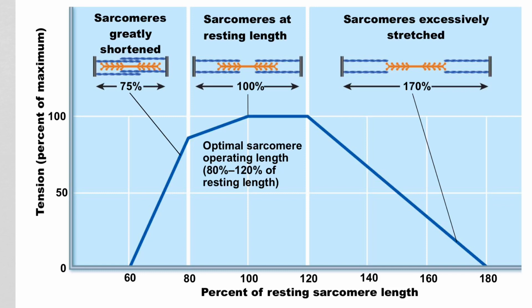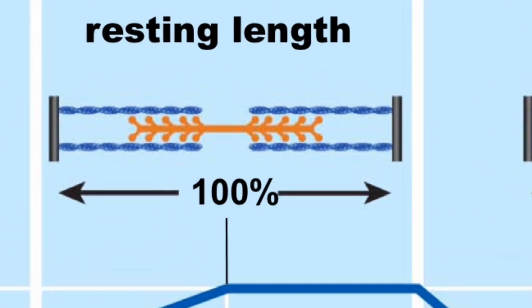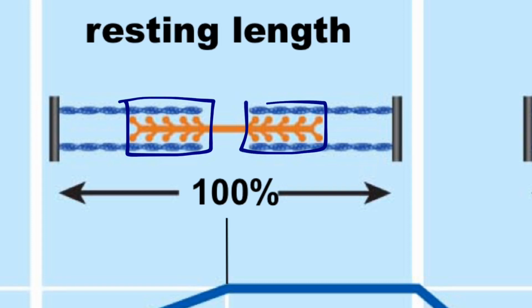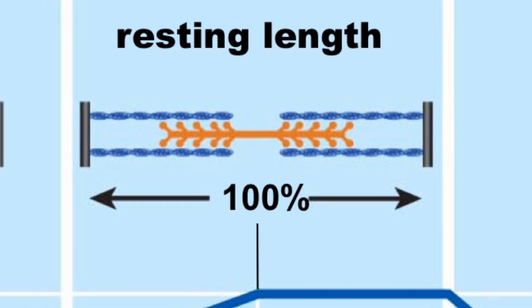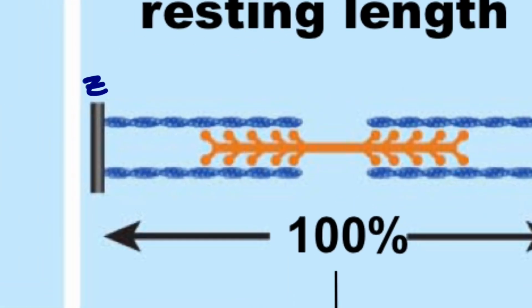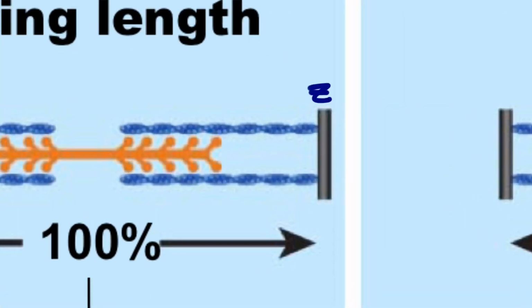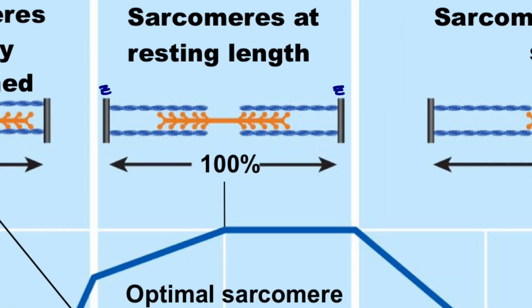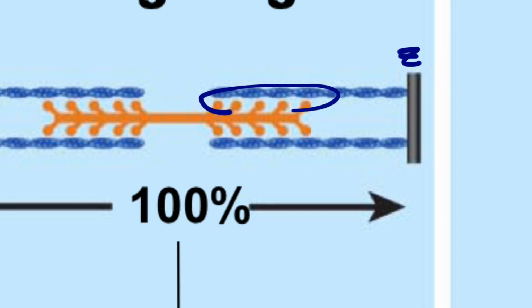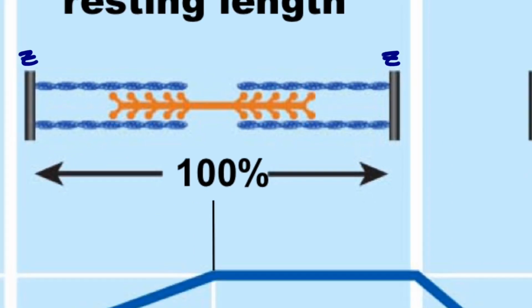What they're calling 100%, the default length, is where myosin and actin filaments perfectly line up with each other. These gray bars are supposed to be Z-discs here. And that's nice because every myosin head can make contact with an actin filament and they're all capable of pulling, and so potential contractile force is 100%.